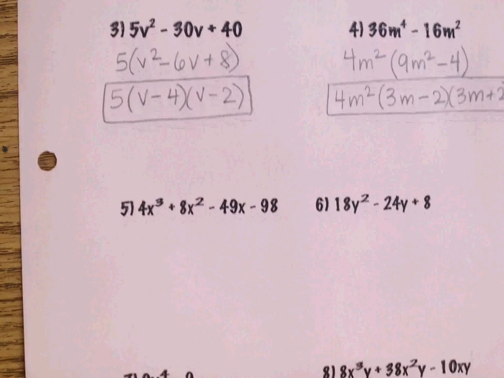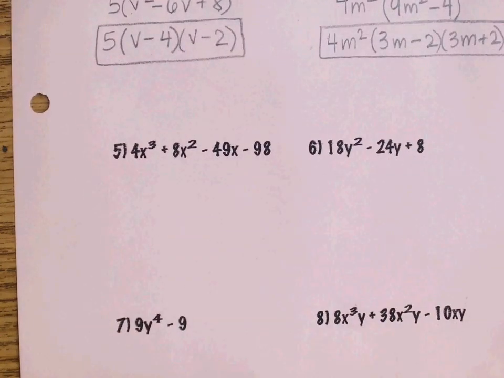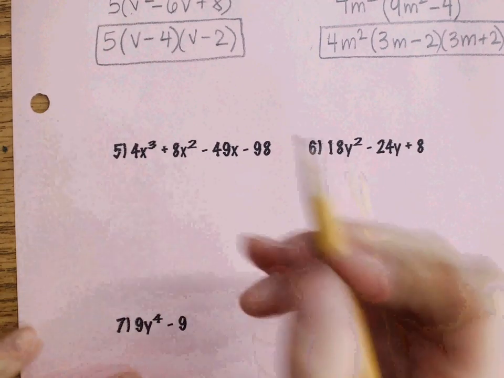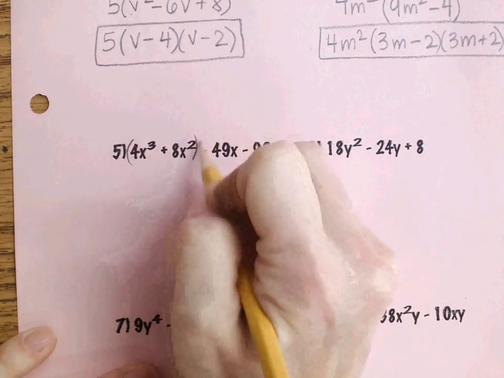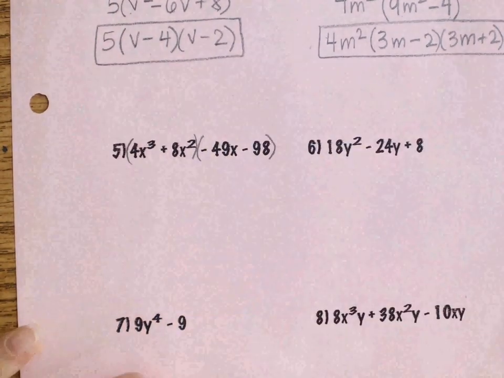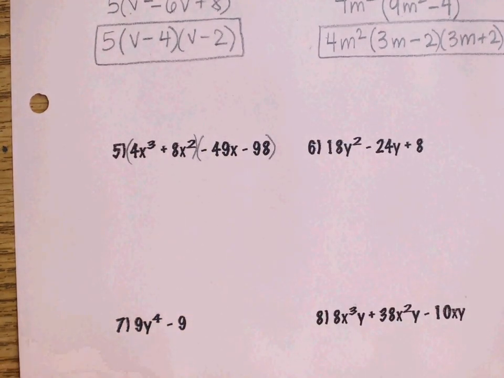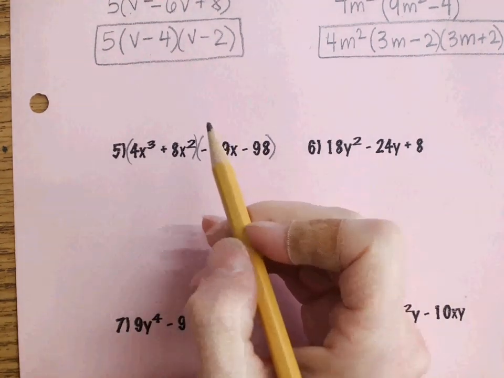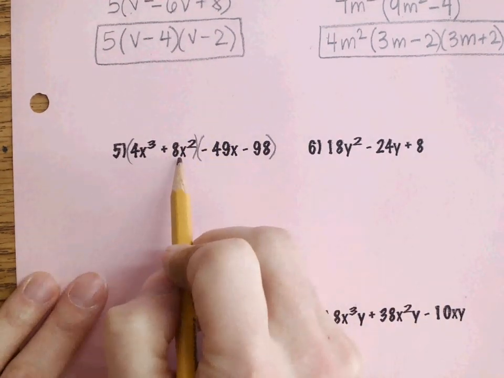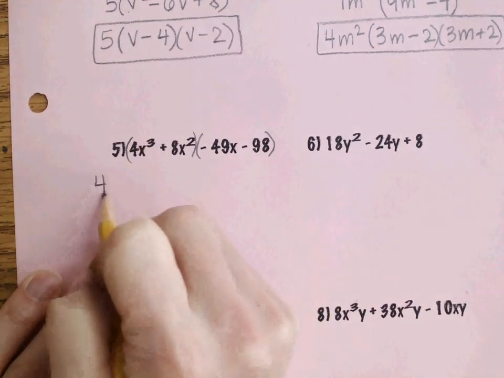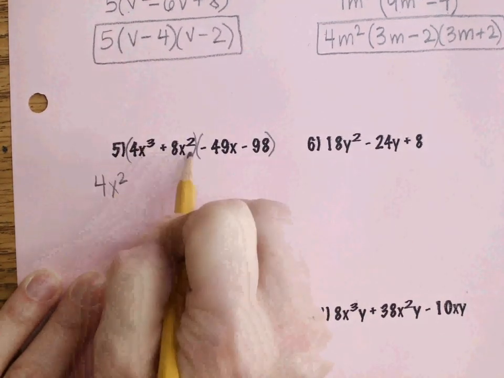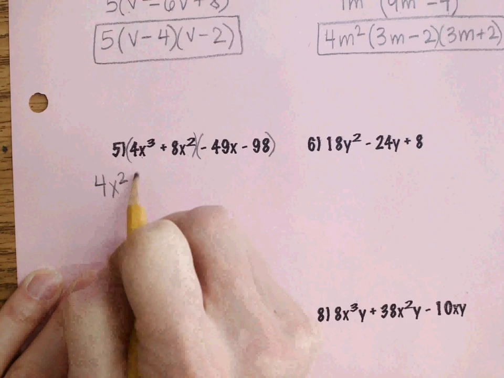We'll go ahead and try number 5. Number 5, this time I have 4 terms. When I have 4 terms, I have to remember I can only do factor by grouping. So that means I put in my grouping symbols. When I put in my grouping symbols, I find the GCF of each binomial. The GCF of my first binomial is going to be 4x squared. They both share an x, take the one with the smaller exponent.